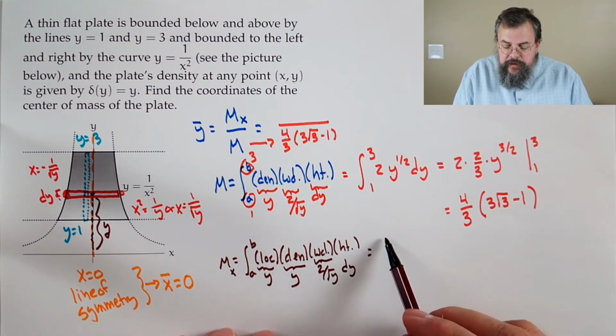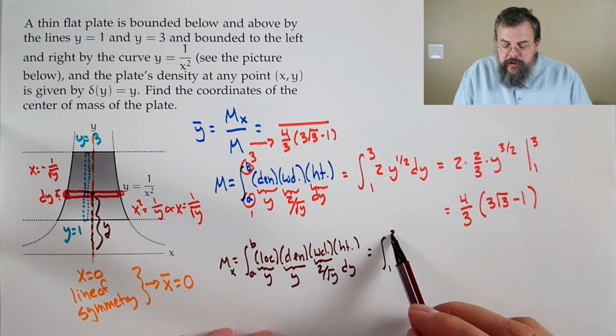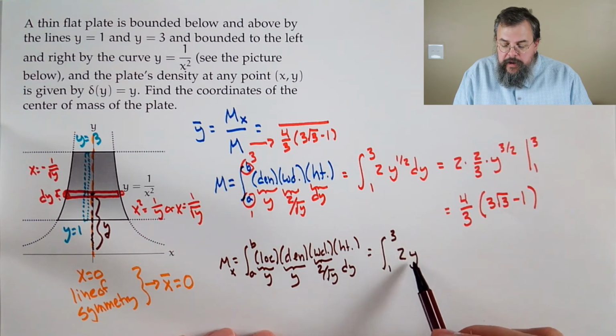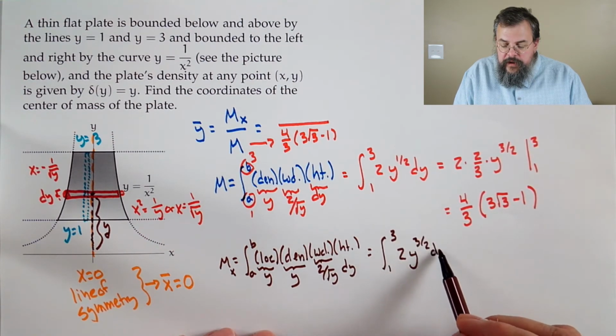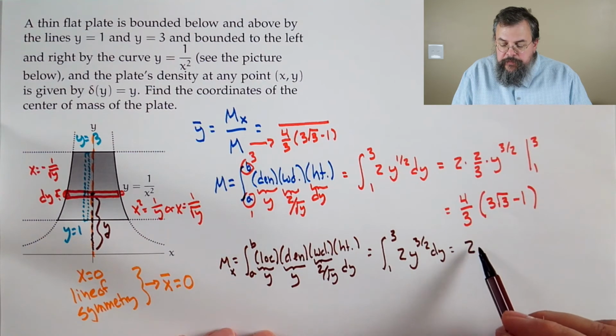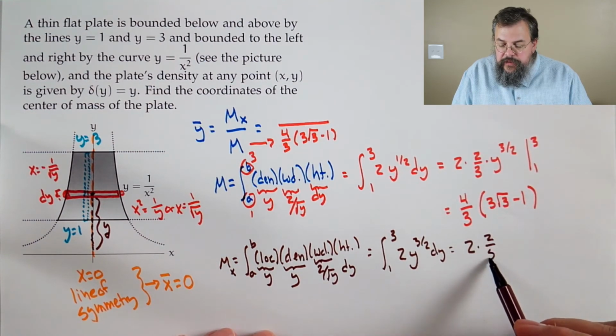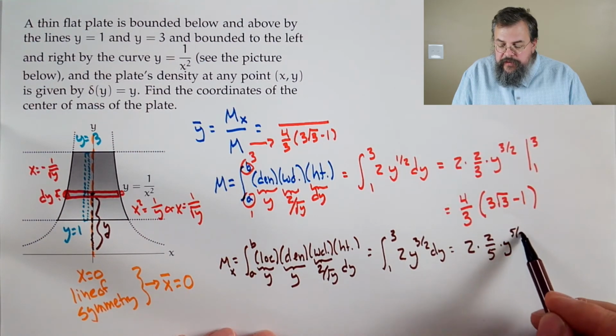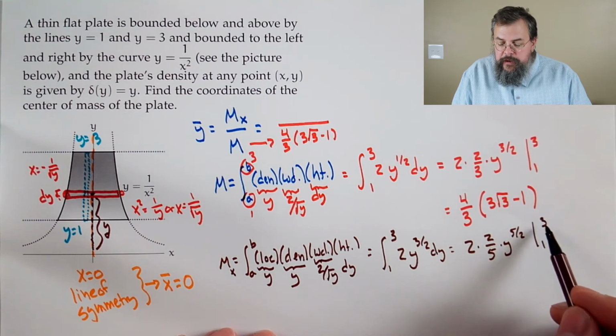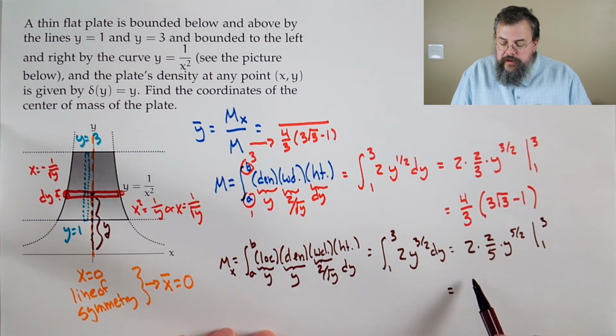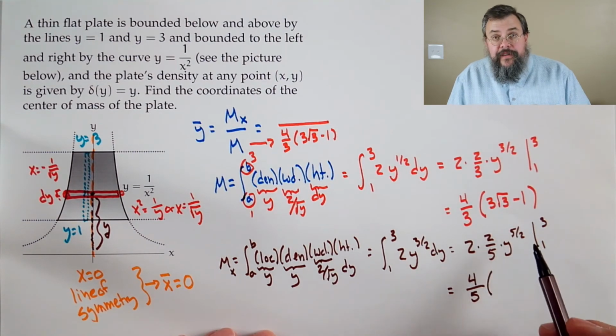So what this becomes is the integral from 1 to 3 of 2y to the 3/2. Okay, so that's 2 times 2/5 y to the 5/2, evaluated from 1 to 3. Well, okay, that's 4/5 and then 3 to the 5/2.